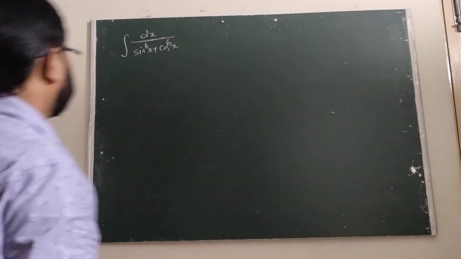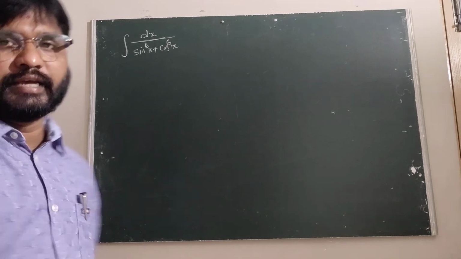This is another one: the integral of dx upon sin power 6x plus cos power 6x. Therefore, here again we are taking dx upon cos power 6x as the common factor, 1 plus sin power 6x upon cos power 6x.